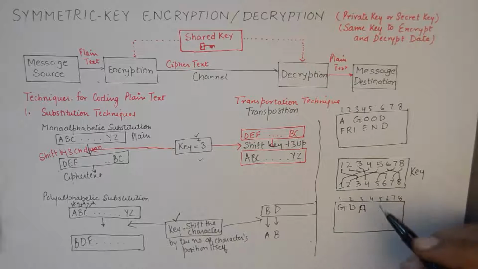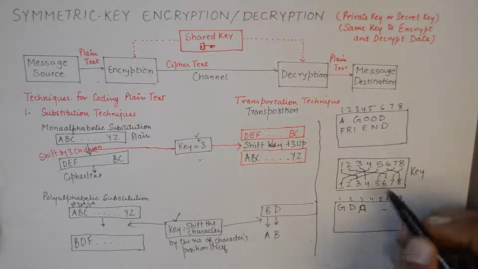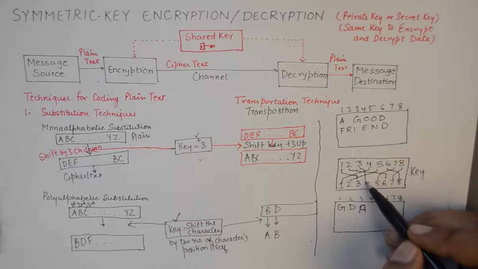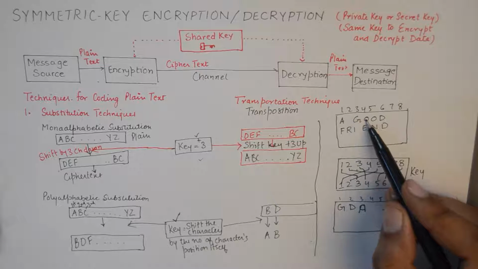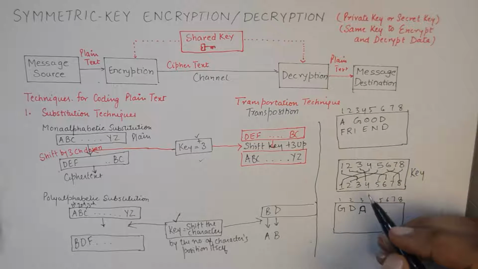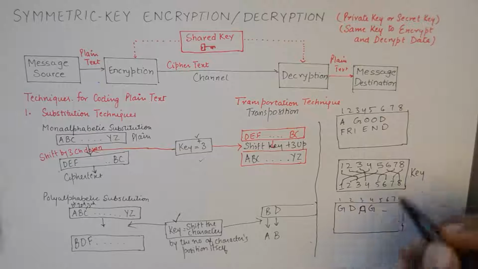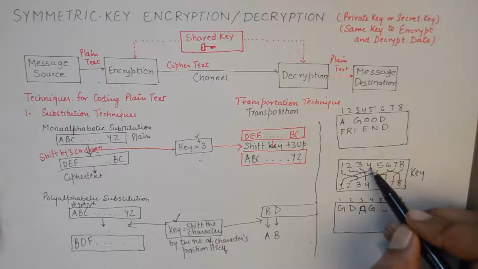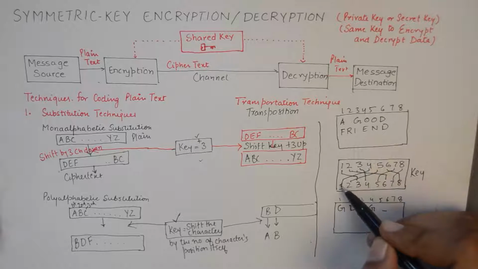So 6 will be replaced by a space. Position number 3 needs to be replaced by a fourth one, so G goes to 4th place, and the 4th character needs to go to 1st place.